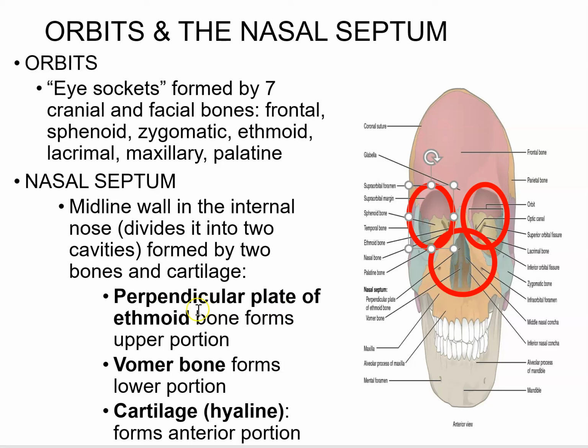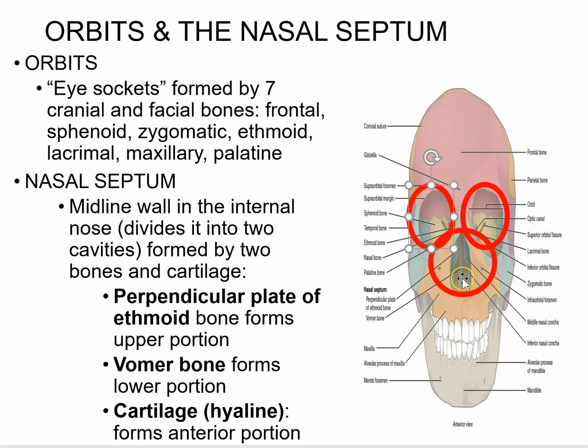First of all, the perpendicular plate of the ethmoid. This is actually a bone marking of the ethmoid bone. So it's not the entire ethmoid bone, but the ethmoid bone's perpendicular plate comes down from the ethmoid and in almost a T-shaped fashion divides the upper part of the nasal septum into two. So it gives you a left and a right.